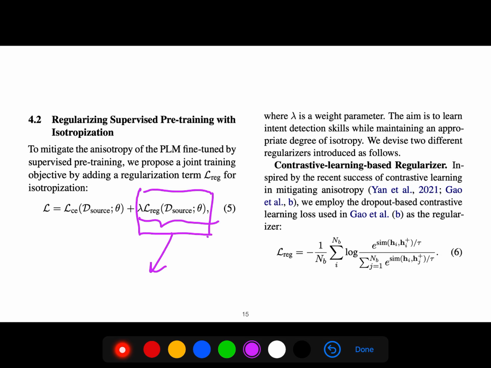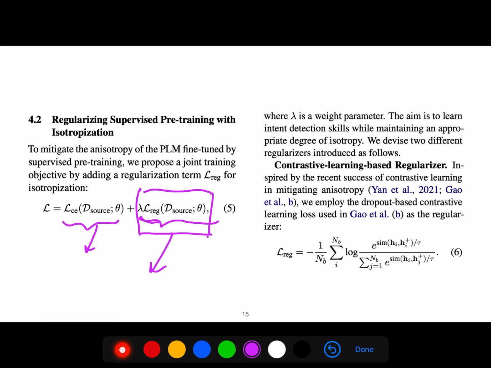So we minimize this loss. It may not be a perfect loss, but it is a trade-off between how isotropic your data has become in the representation space, and how well you are doing with your traditional cross-entropy method.